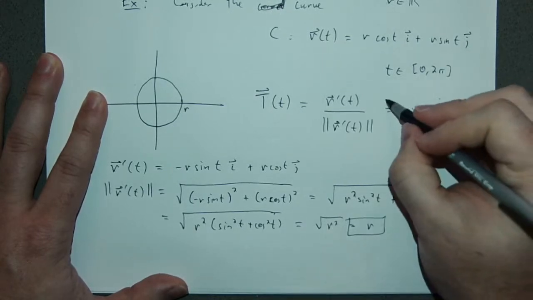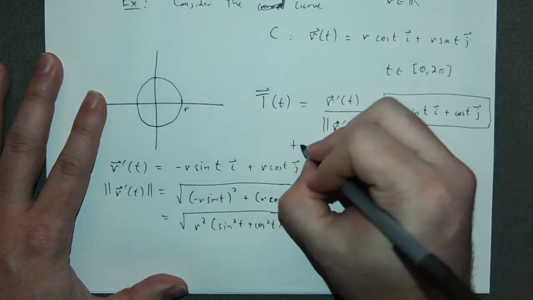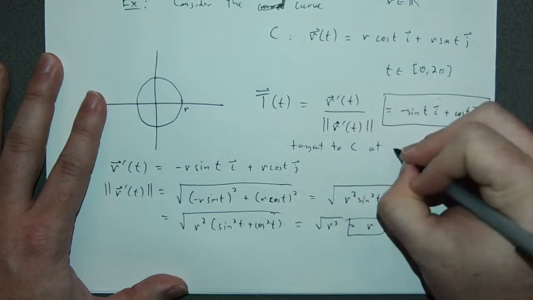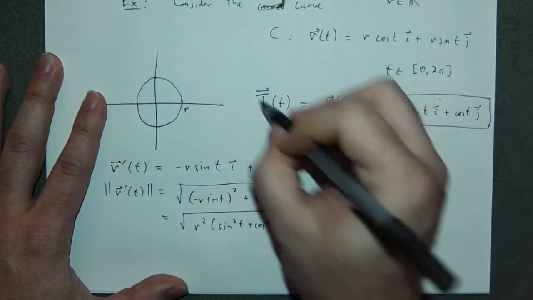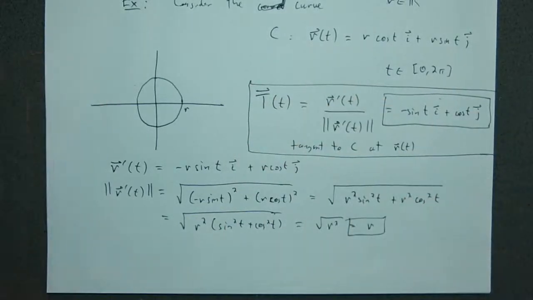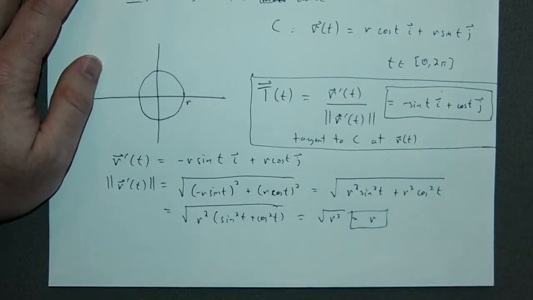That's my tangent vector at r of t. So this is tangent to C at r of t. So for any point that I want to discuss, I can find the tangent vector. Let's quickly compute the tangent vector at a few points here.